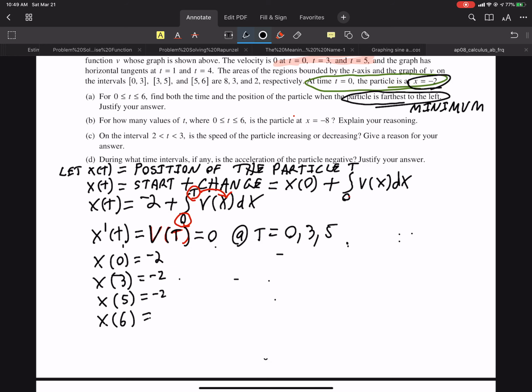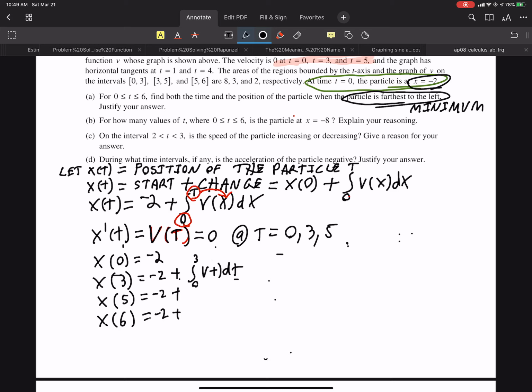For the rest, we need to integrate this one from 0 to 3. I don't know why it's making those weird marks. This thing's tripping out. I think my iPad is on drugs.